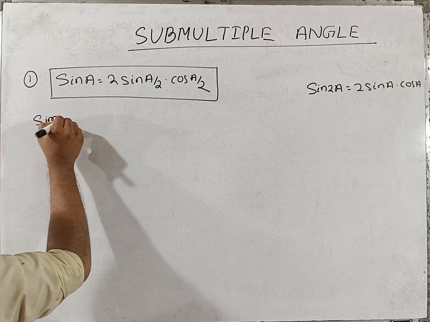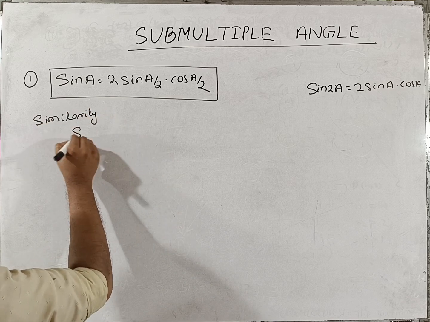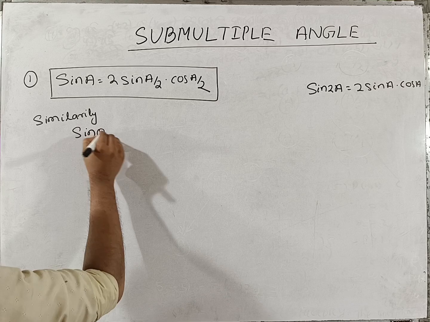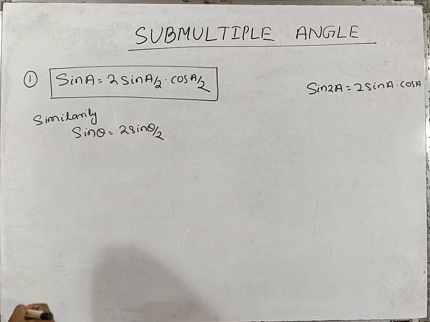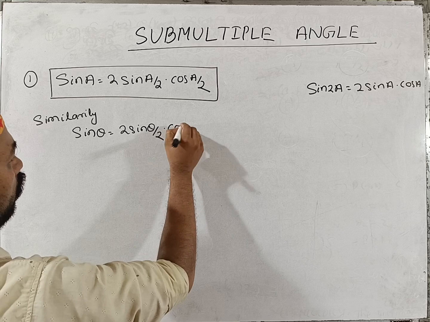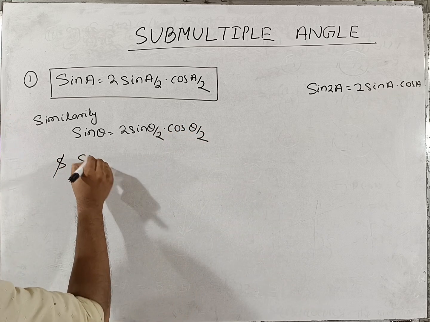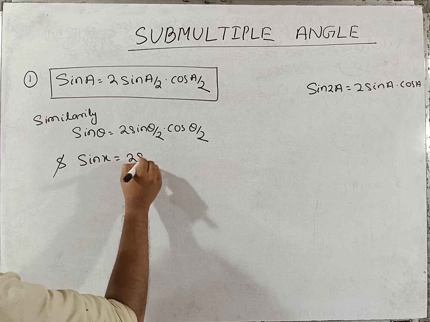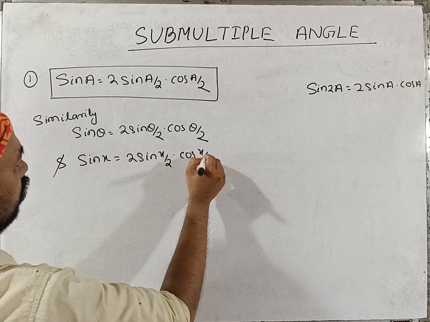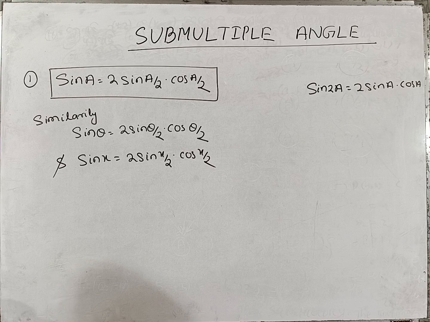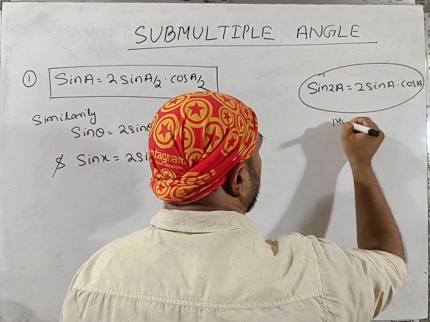Similarly, sin theta is equal to 2 sin theta by 2 into cos theta by 2. And we can also write sin x as 2 sin x by 2 into cos x by 2. So here it is the formula from the multiple angle.